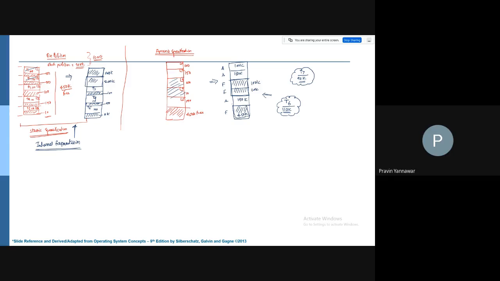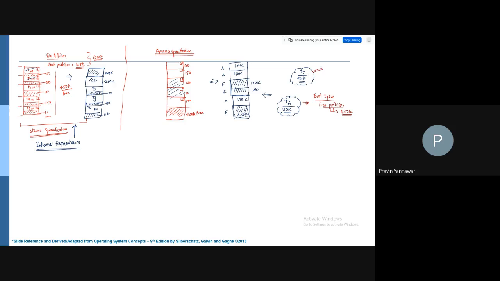Okay, so as per your suggestion, for T6 the best space will be in the free portion of memory, and this free portion is right now 450K.